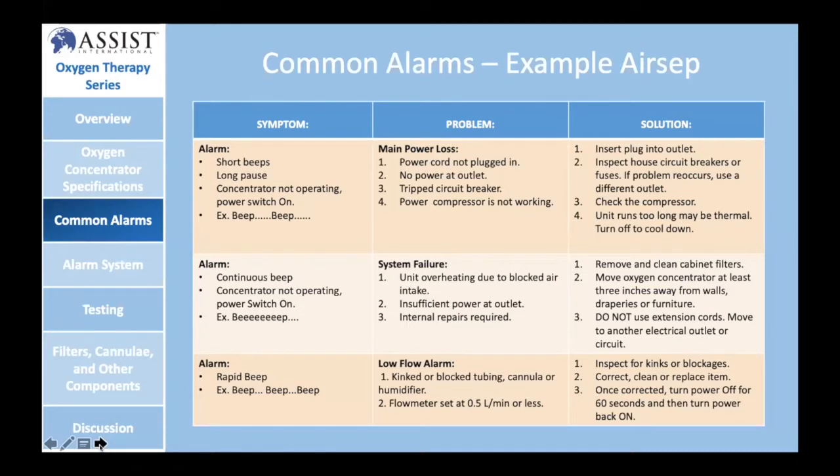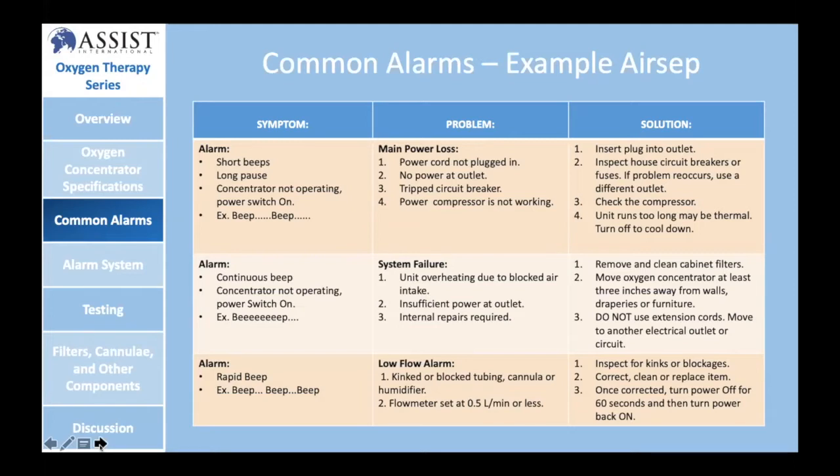And one way to do that is to check and see if the in-house circuit breakers or fuses are all intact. You may have an engineering team or a maintenance team that can come and verify that.